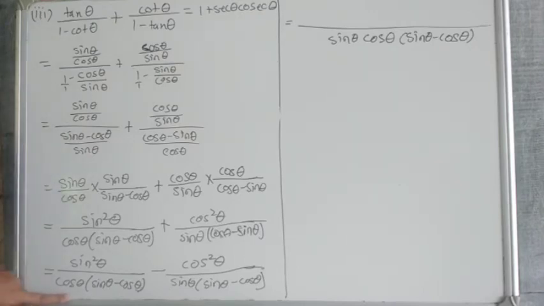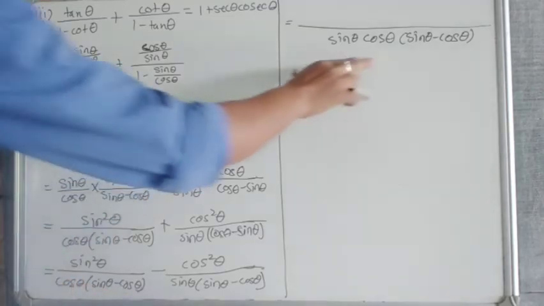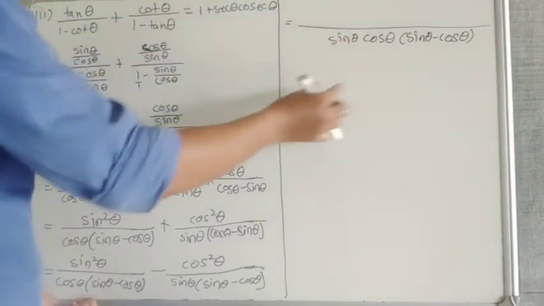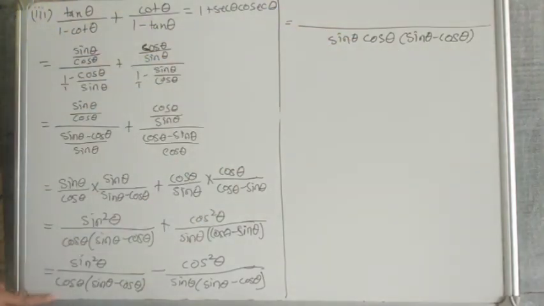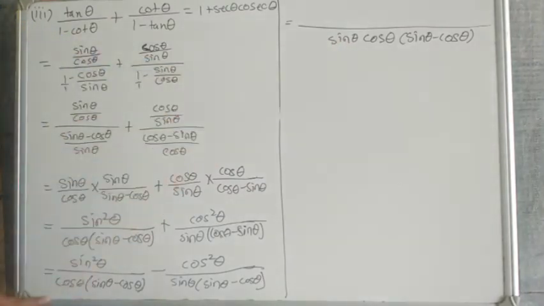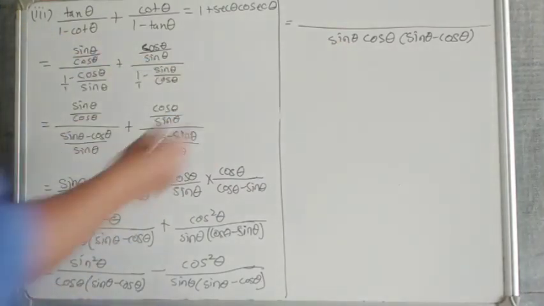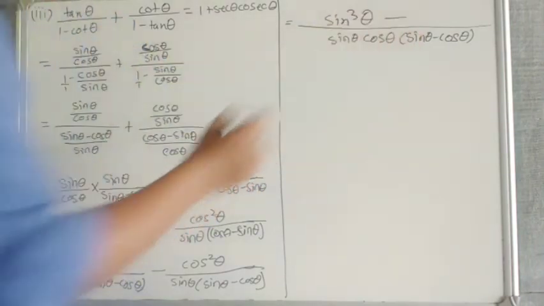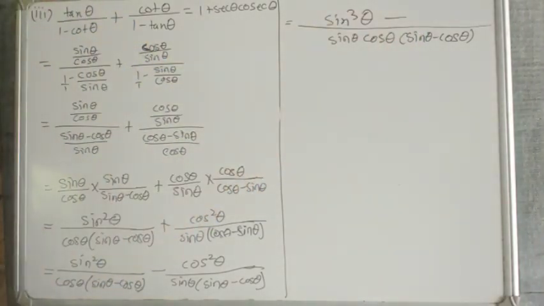We have cos theta, sine theta minus cos theta. That means this whole thing is already there in the down. What is not there is sine theta. That sine theta will multiply with the upper sine theta and give me sine cube theta.